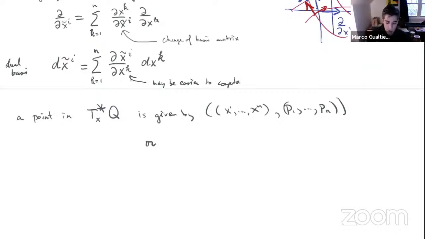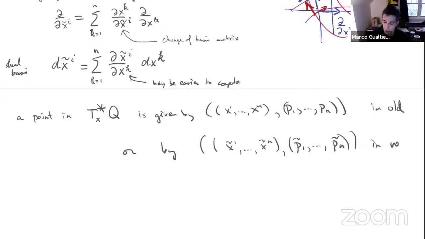Or in the new coordinate system, so this is in the old coordinate system, or by x tilde 1 up to x tilde n, p tilde 1 up to p tilde n in the new coordinate system.